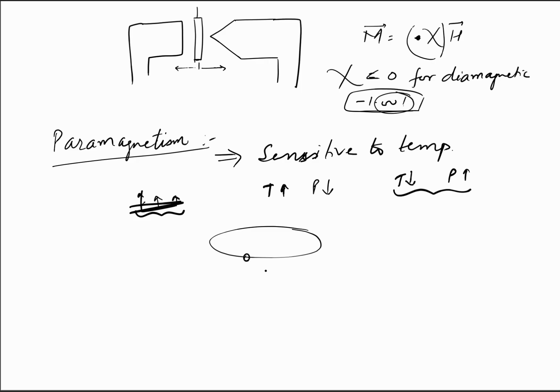So when we apply a field, they have some kind of torque because of that applied field. Since they are already in angular motion, they already have some angular momentum. So because of this torque of the applied field, there is a change in momentum, and there is a precession, which we might have studied in our 11th class during rotational motion. So this effect of paramagnetism can be explained by using that concept also, although we are not going to delve further into it.